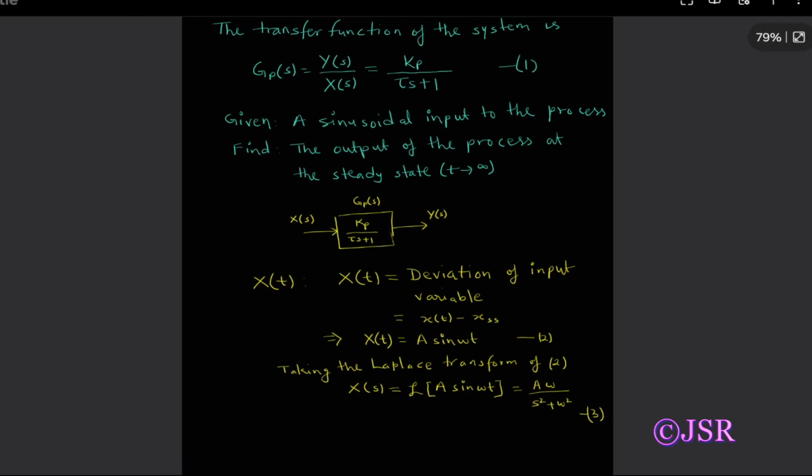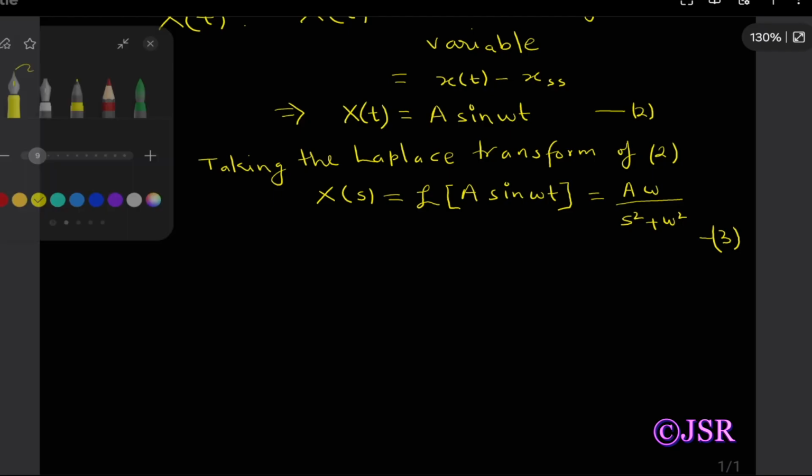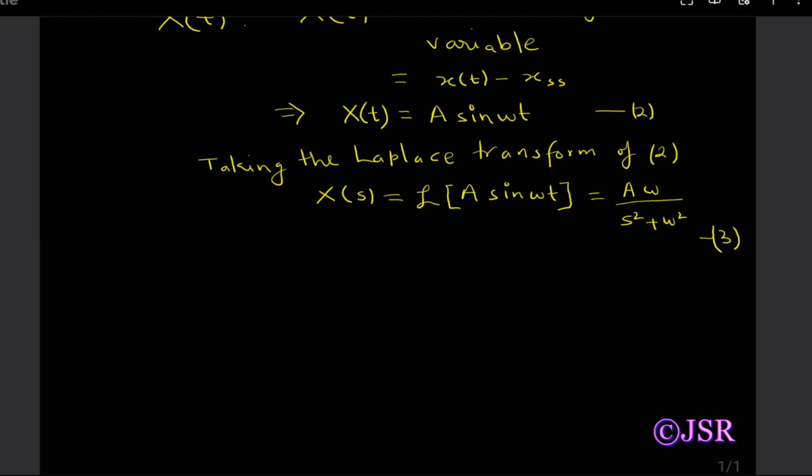So now from equation number 1, we can write y of s equal to x of s into Gp of s, right?